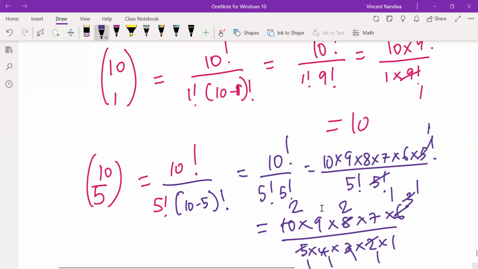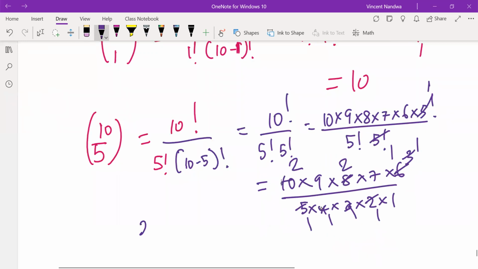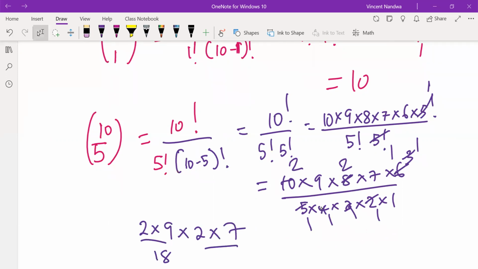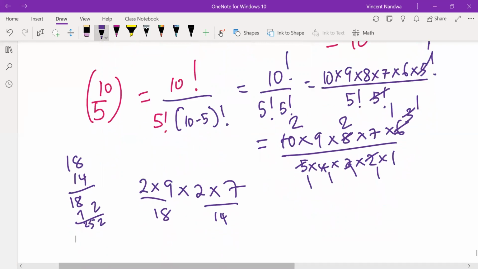So we have 2 by 9 by 2 by 7, and this is the same as 18, this is the same as 14. So 18 by 14. So we have 252.